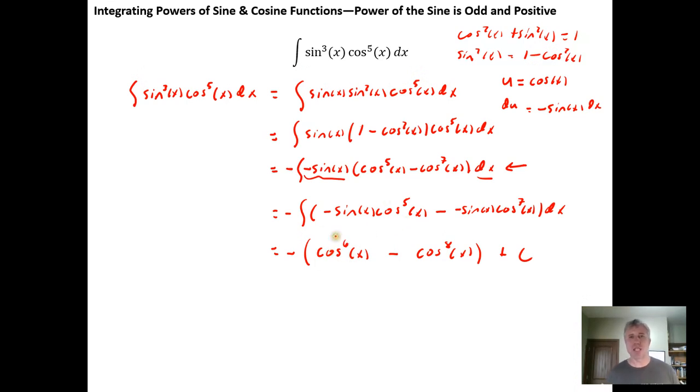Do you need to tweak anything? So if I took the derivative of this, what would I get? I would get 6 times the cosine of x to the 5th power, because we would reduce the exponent by 1, and then we would have to take the derivative of the cosine, which is minus sine, which is already sitting there. So the tweak would be to multiply this by a 6th, so that when you take the derivative, the 6 gets killed when it comes down.